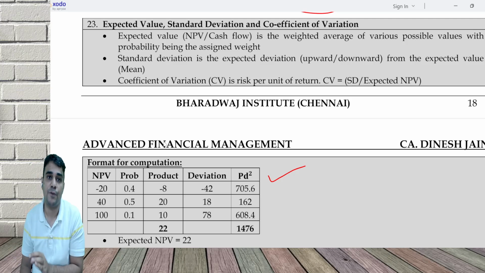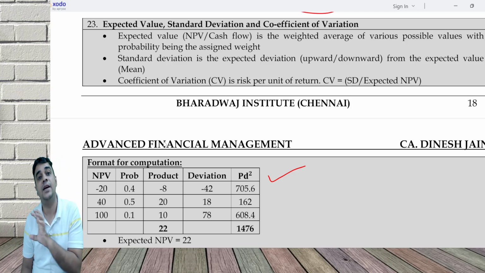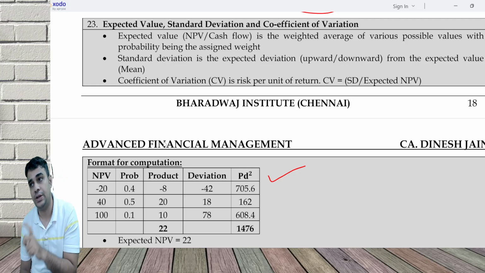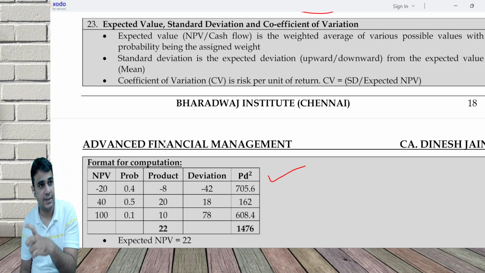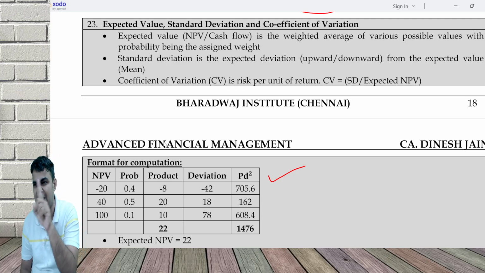In these questions, you need to calculate every year's cash flow and every year's standard deviation: year, standard deviation, PVF, discounted standard deviation. The total of the discounted standard deviations is one standard deviation.